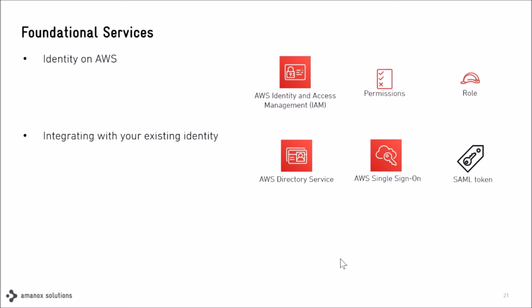So you can create and manage AWS users and groups and use permissions to allow and deny their access to AWS resources. Or you can connect to the existing identity source that you might already have. For example, the AWS Directory Service, it's a managed Microsoft Active Directory. So you just need to choose what best suits your needs.